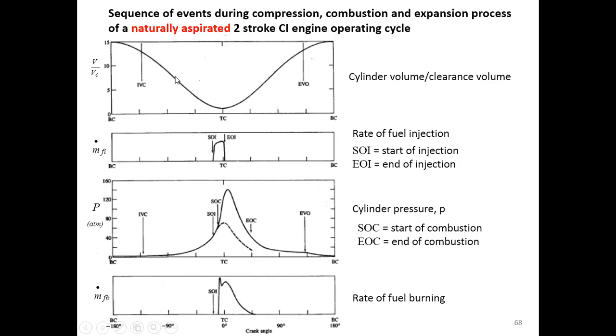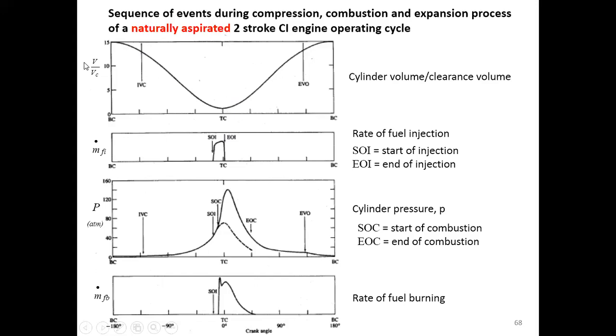There are 4 diagrams altogether. The first one gives us the ratio of the cylinder volume at any crank angle position to the clearance volume, V over VC. It goes up and down, and gives the maximum value of the ratio when the piston is at the top dead center.